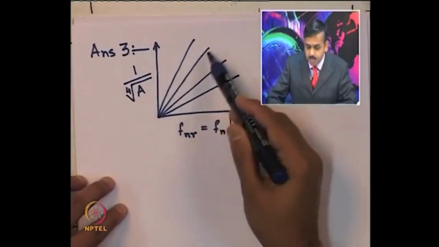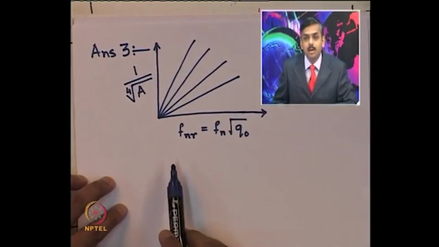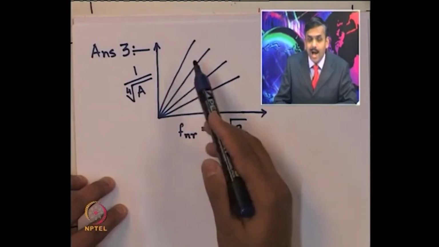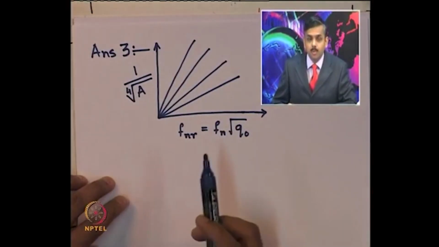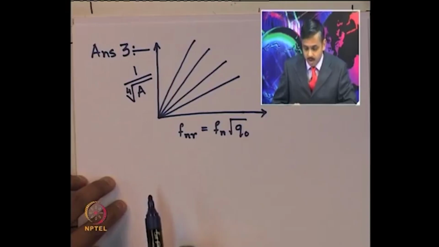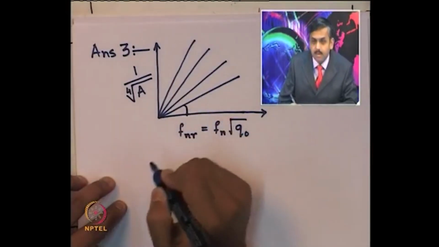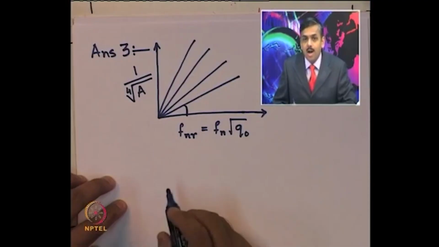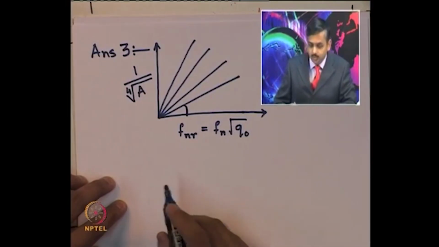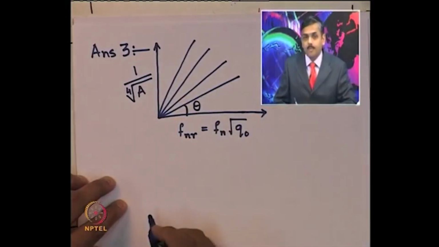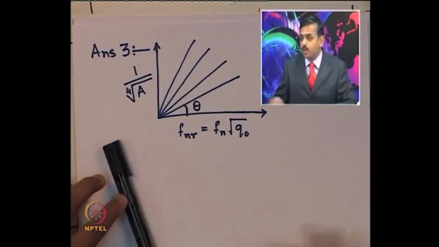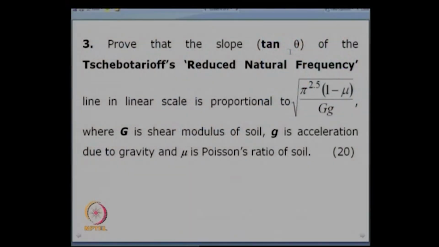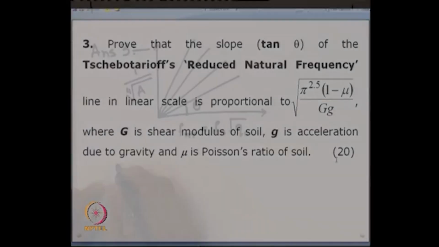Now, for different types of soil, as we have seen earlier, there are different lines proposed by Chebotarev for the design chart. So, this angle, if it is theta, it is asked in this question to prove that this tan theta, the slope of that line for any particular type of soil, will be proportional to this parameter. So, let us see how we can prove that.